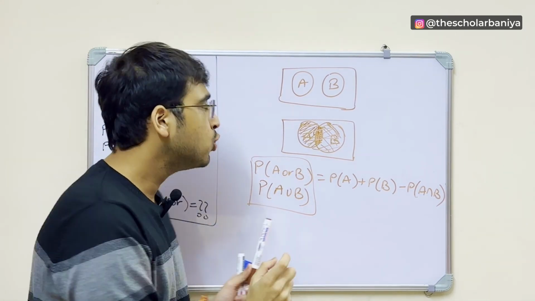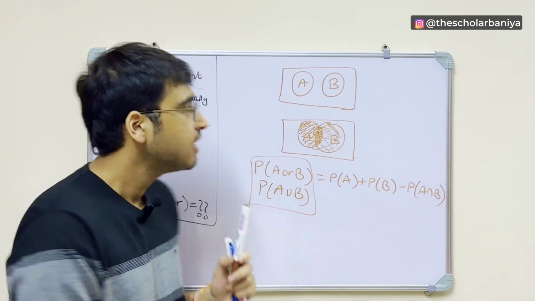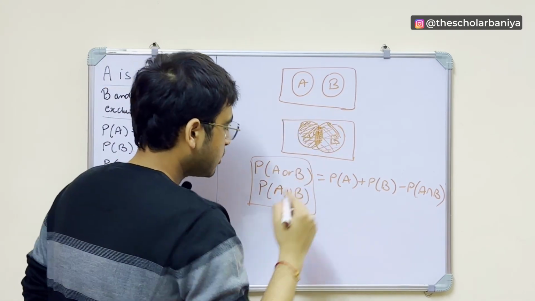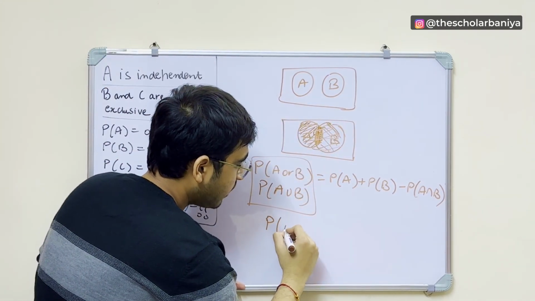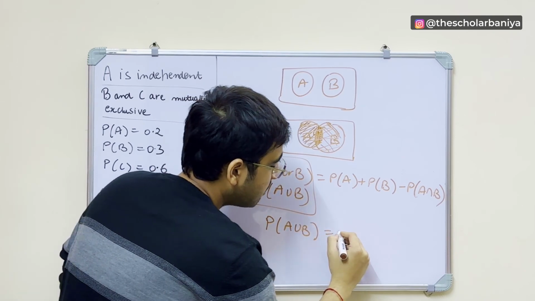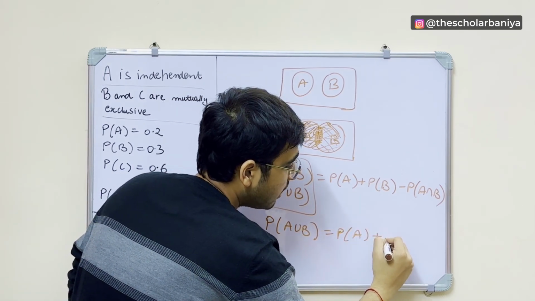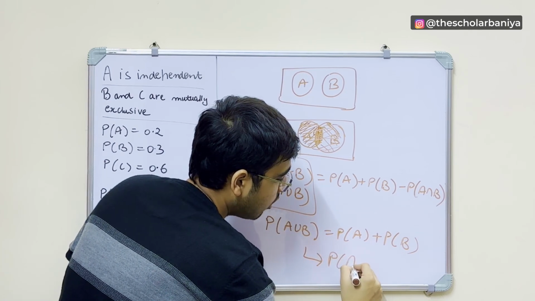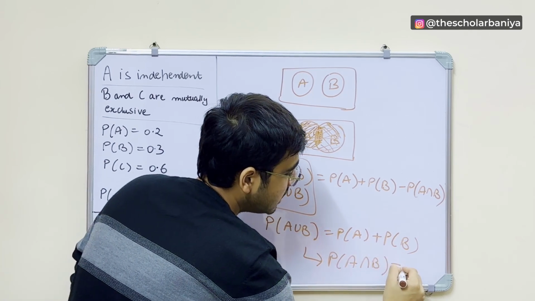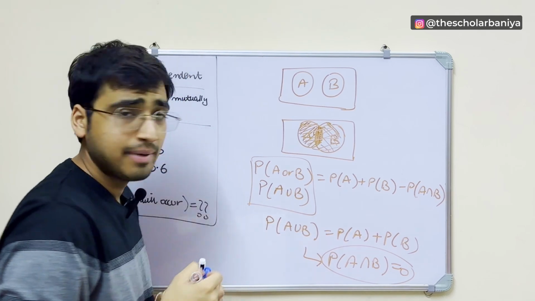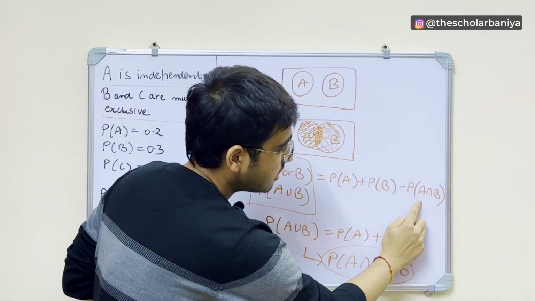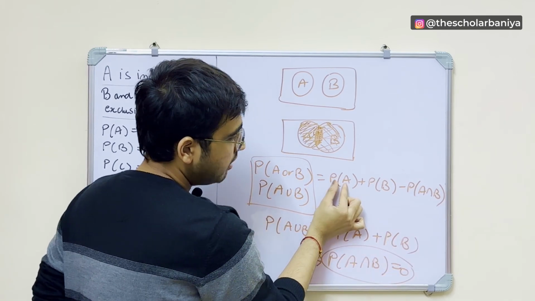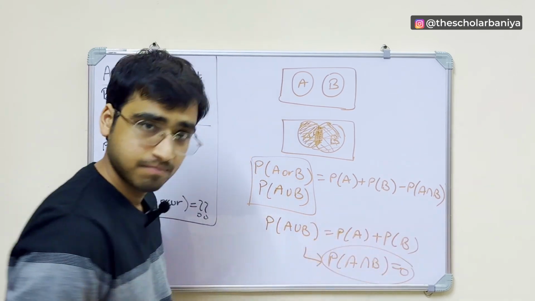But when two events are mutually exclusive, that means there is no intersection part over there. So probability of A union B becomes probability of A plus probability of B, because in this case probability of A intersection B becomes 0. I hope this makes sense, because in this equation, if we make it 0, it will be probability of A plus probability of B, right?